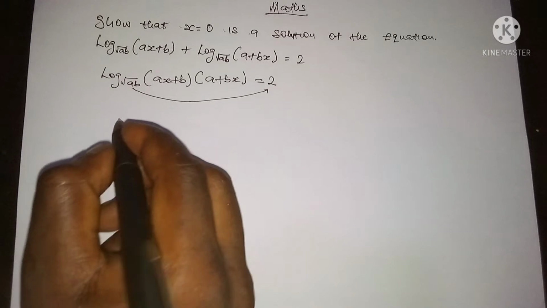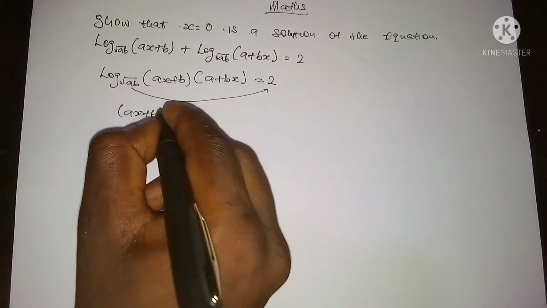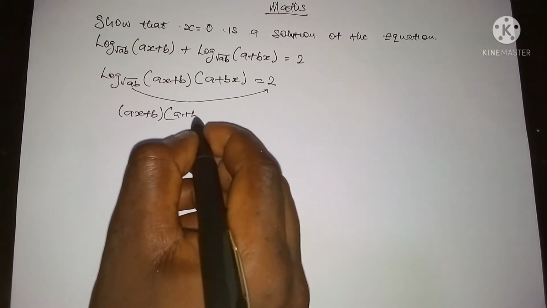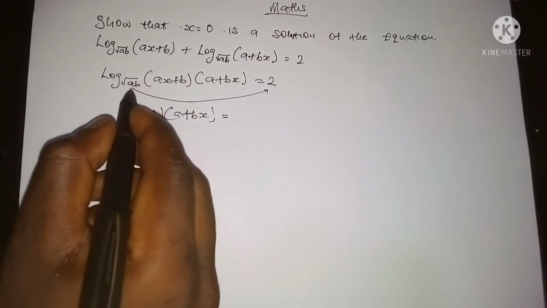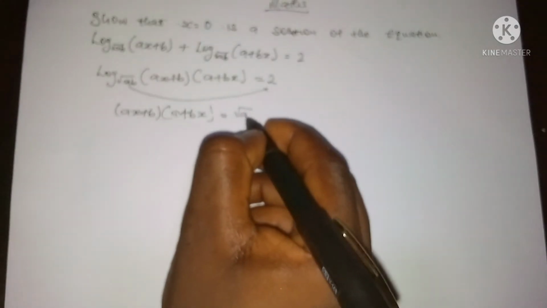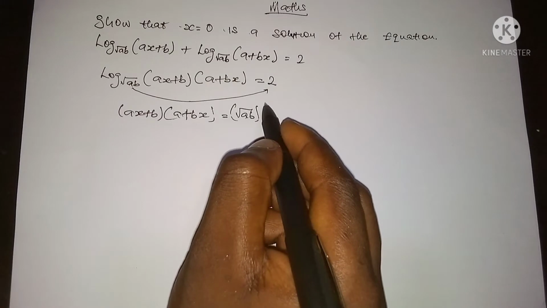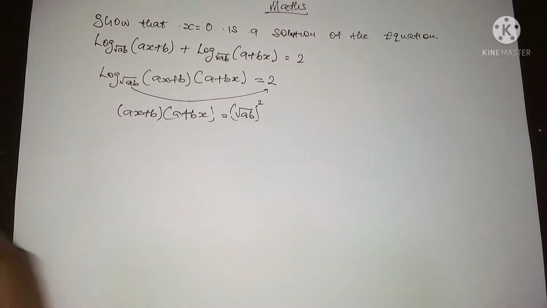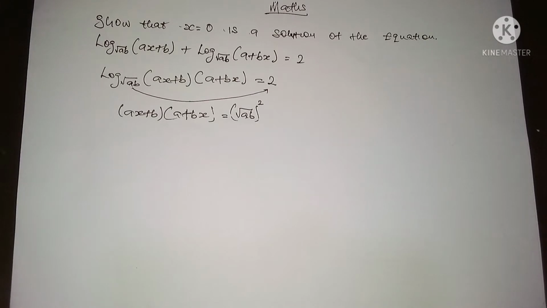So what I mean is we'll have (ax plus b)(a plus bx) will be equal to, now this base will have root ab, and what I have here will become the power of the base. By so doing, the log will be out.